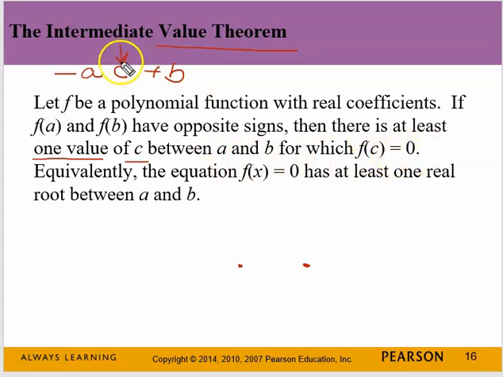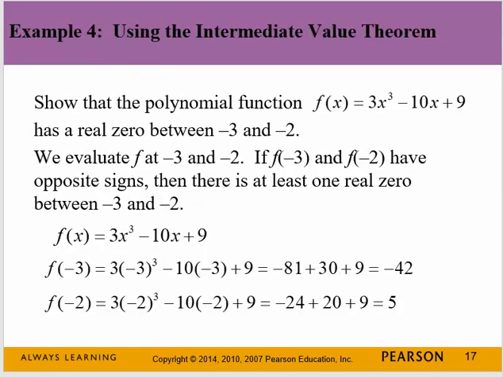That is, it will either touch or cross the x-axis. Eventually, the equation, which is what we've been talking about, y is 0, has at least one real root. All right, let's take a look at that. And we'll clear this up and go on to see it illustrated here.